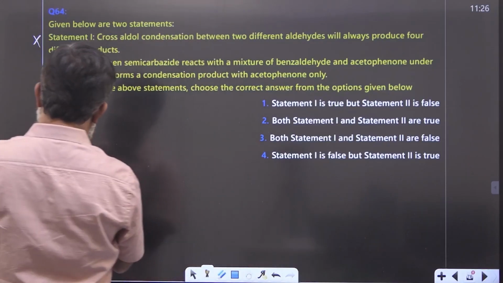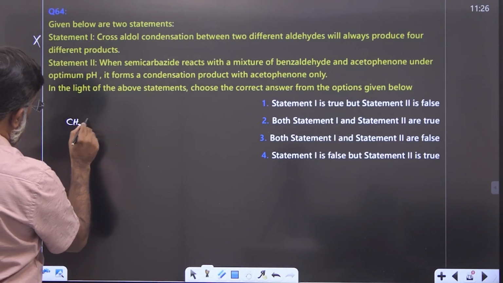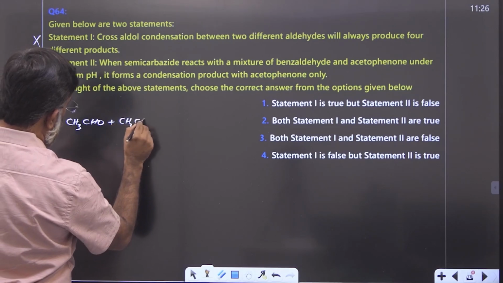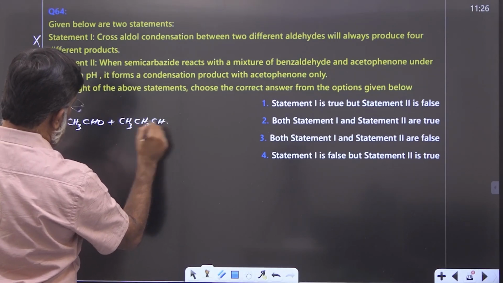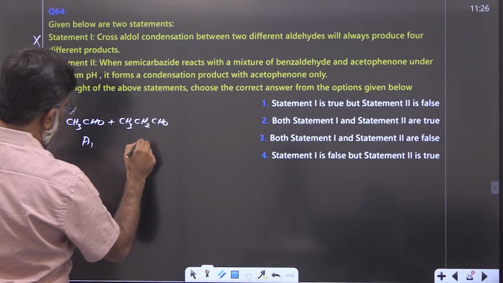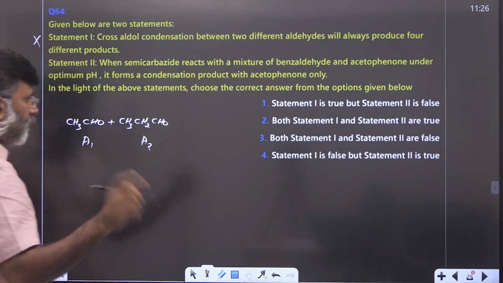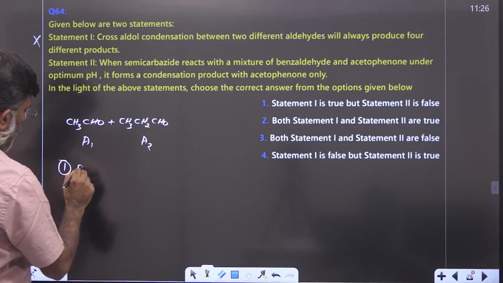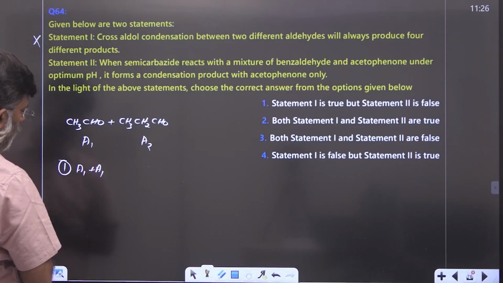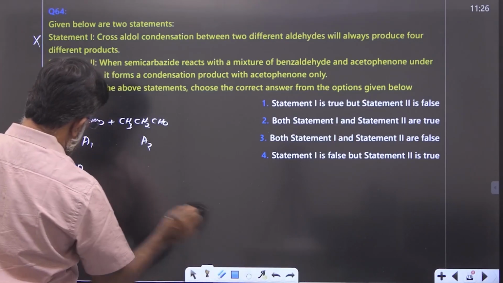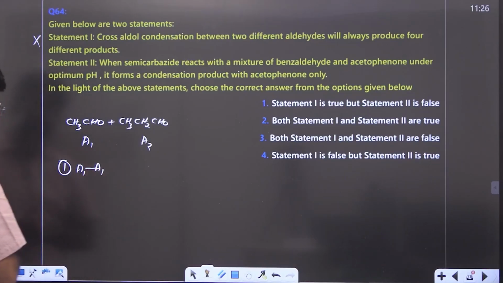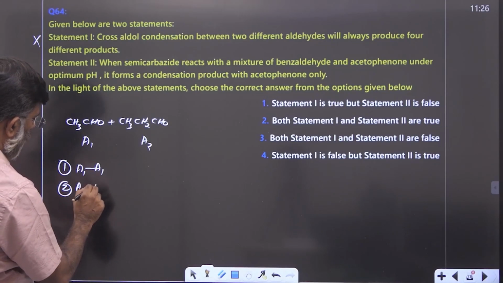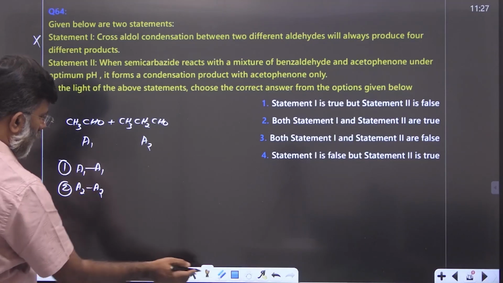Suppose you are taking CH3CHO plus CH3CH2CHO, 2 different aldehydes, aldehyde A1 and aldehyde A2. You will get 4 products, no doubt. What are the 4 products? Number 1, A1 condenses with A1, simple aldol condensation. Number 2, A2 condenses with A2, simple aldol condensation.